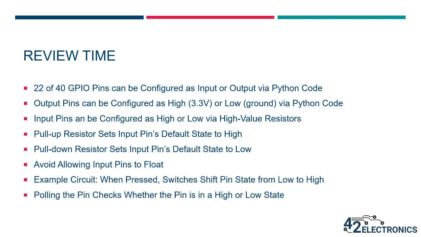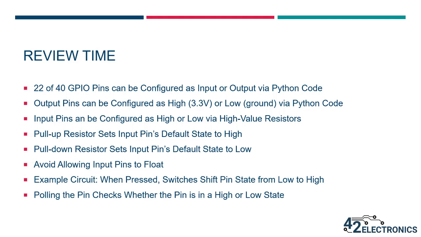So remember, a pull up resistor sets the input pin's default state to high, and a pull down resistor sets the input pin's default state to low. Okay, if we don't pull an input pin up or down, it'll float, and its readings will be unreliably high and low, and so we want to always avoid having pins float.